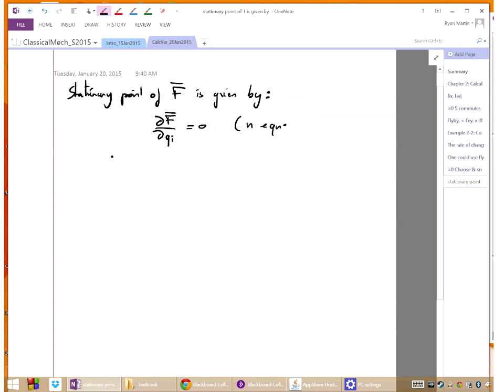That's n equations. Plus the equation f of q1 to qn equals 0. That's one equation. And that's good because you have n plus 1 unknowns, with lambda.